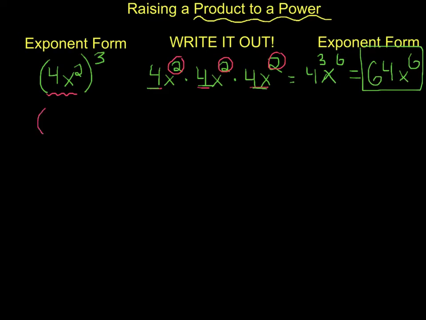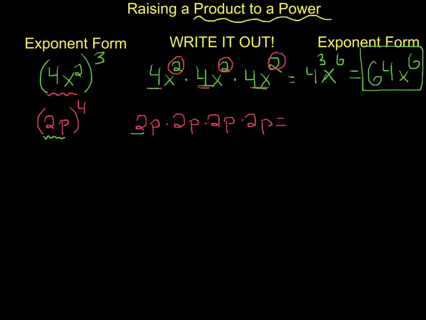Next we have the product 2 times p, and we're raising that to the power of 4. So that exponent 4 means that we have 4 of these, 4 of the 2p's. So 2p times 2p times 2p times 2p. When we rewrite this, let's count.